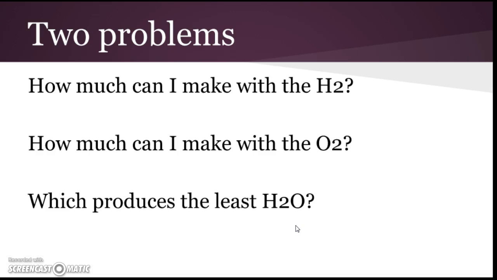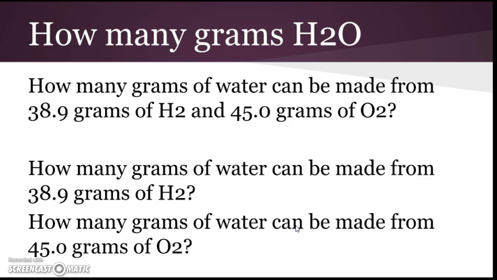So I'm going to do the same thing with chemicals. Which of them makes the least amount of water in this example? These are problems like you've done before. I'm going to split it into 2 problems. This one problem, how many grams of water can be made from 38.9 grams of hydrogen and 45 grams of oxygen, I'm going to split into 2 problems.